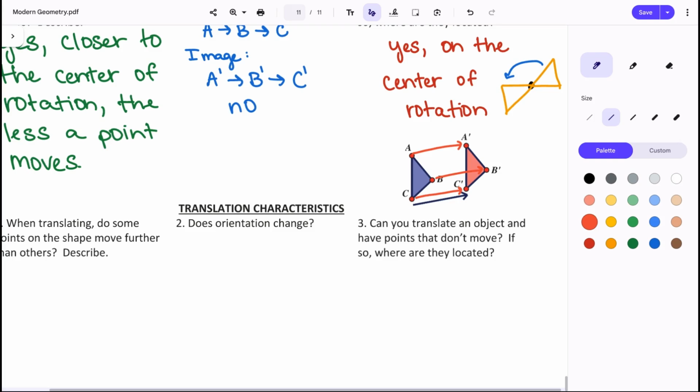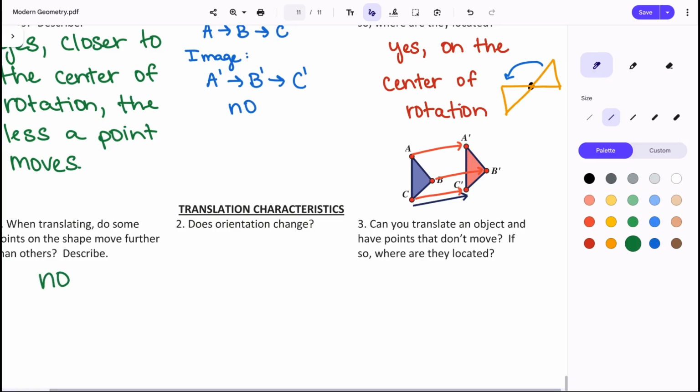So when you're translating something, when you're pushing something around on the graph, everything is going to move with it. It's not just going to have something stay and everything else go, because then you would be stretching the shape, because something would stay here while the rest of it gets pushed in a different direction. So you should have said no for this first one. All points are going to have to move the same distance when you're dealing with the translation.